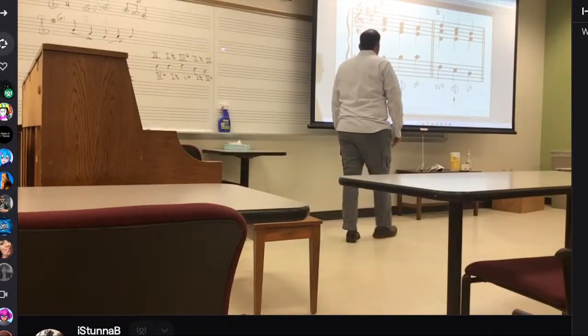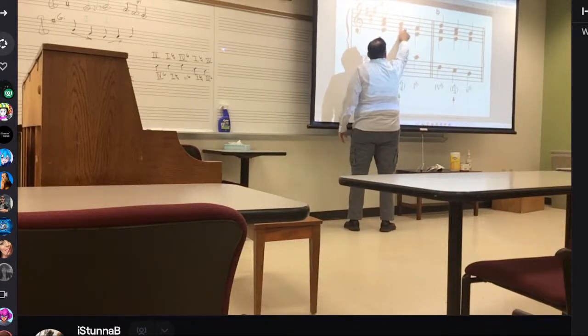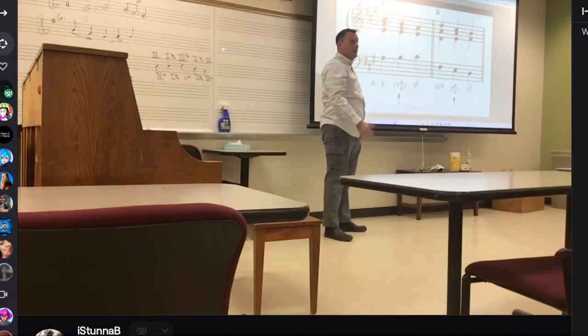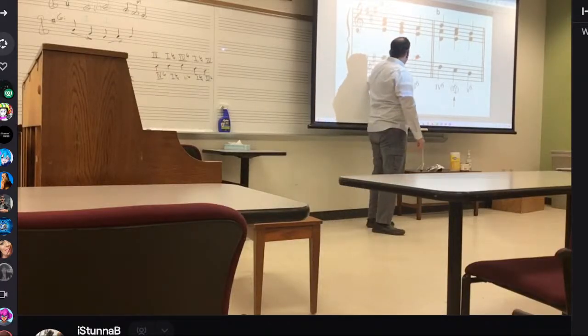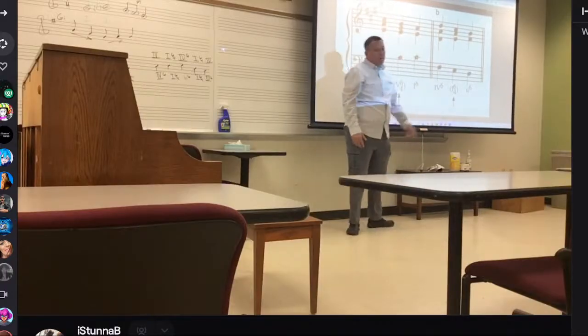Yeah, so some teachers, some theorists would probably put parentheses around these notes and say that they're all non-chord tones, actually all passing tones, because A, B, C, A, G, that might be a neighbor tone there, and then a passing tone there.